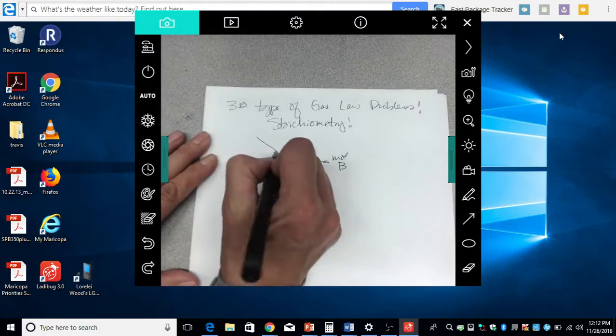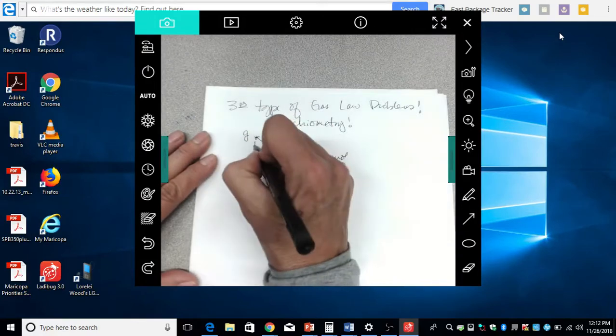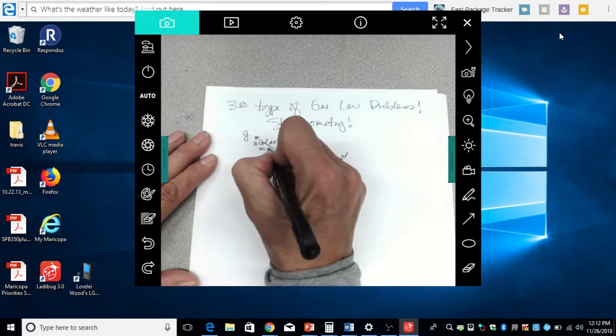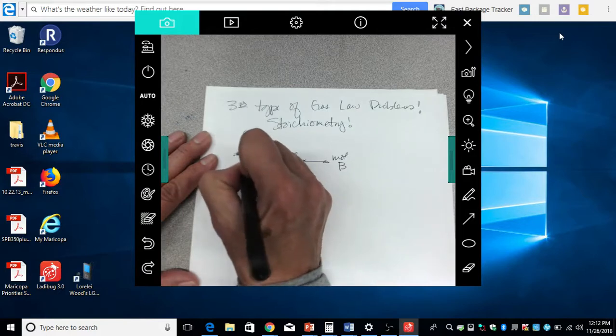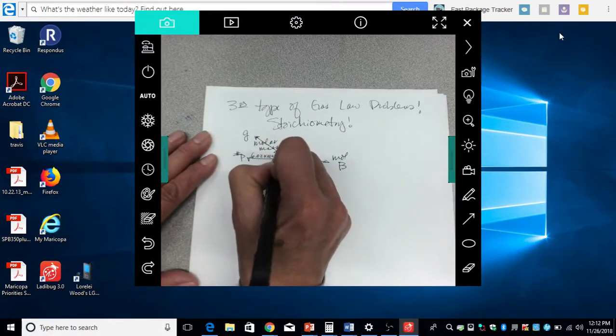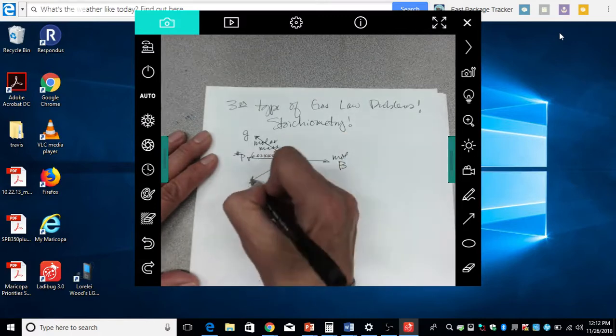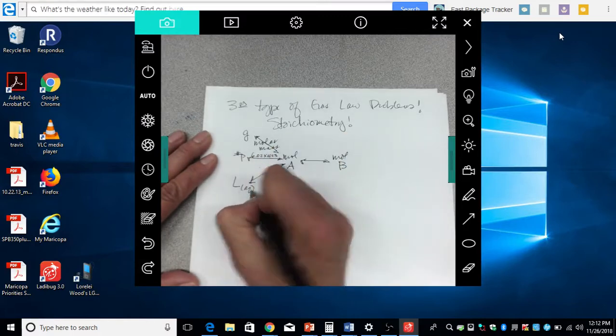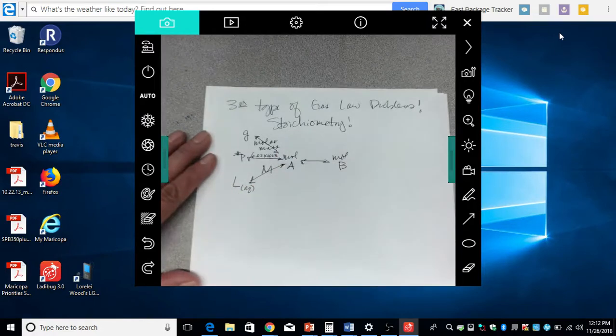All right, so we already know we can go from grams using the molar mass. We can go from number of particles using Avogadro's number. We can go from liters of aqueous solution using molarity, right?